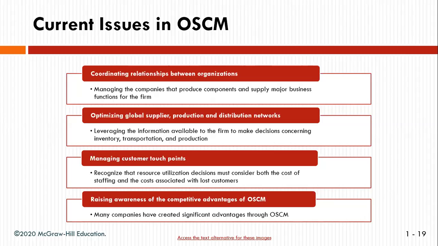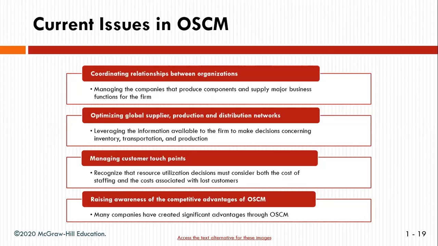You lower the number of tellers, but once people see a big lineup, you might lose some customers. And the raising of awareness of competitive advantage of operation supply chain management.